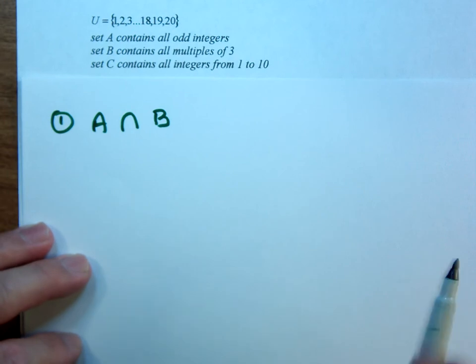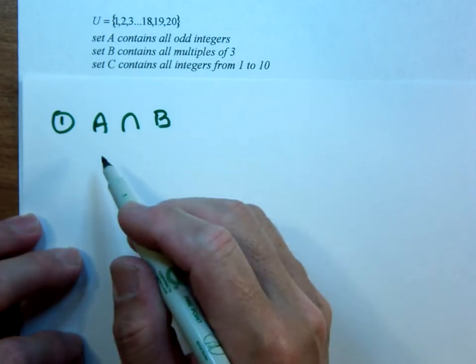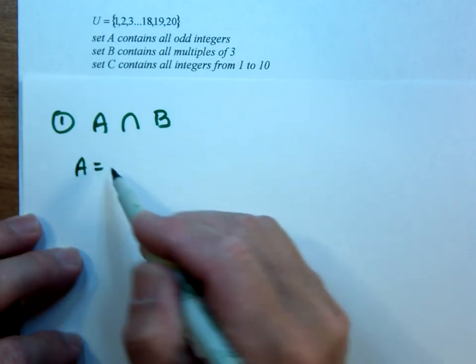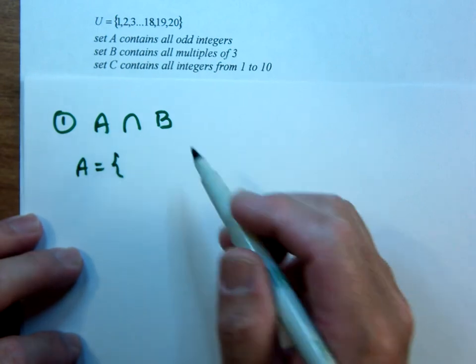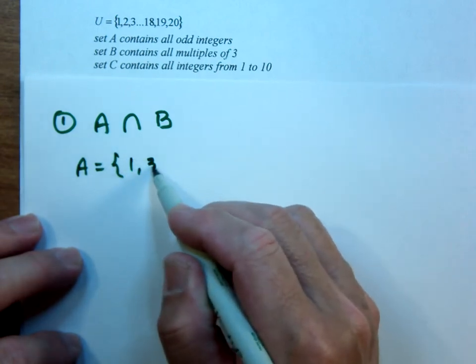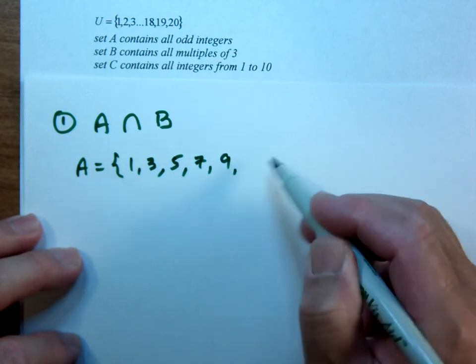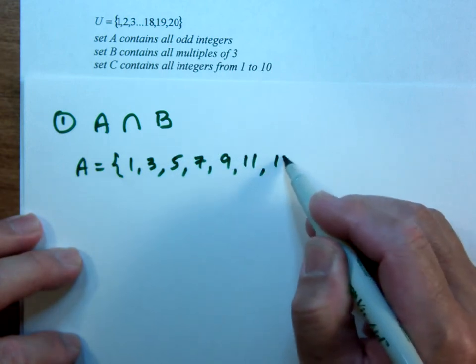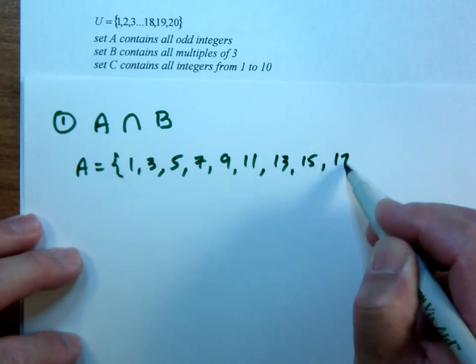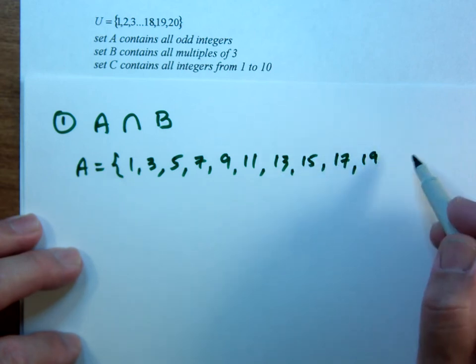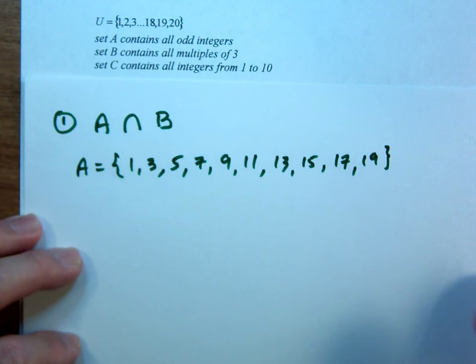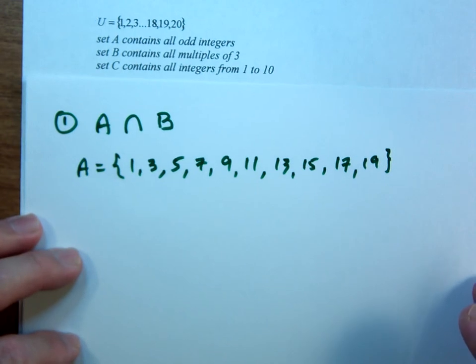Okay, so let's do this in a kind of lazy way, meaning I'm going to write everything out. Here A is going to contain all odds. So it'll be 1, 3, 5, 7, 9, 11, 13, 15, 17, 19. Now, if you are a little worried whether you missed one, or maybe you wrote more than you're supposed to, one thing that can keep you on track is count.